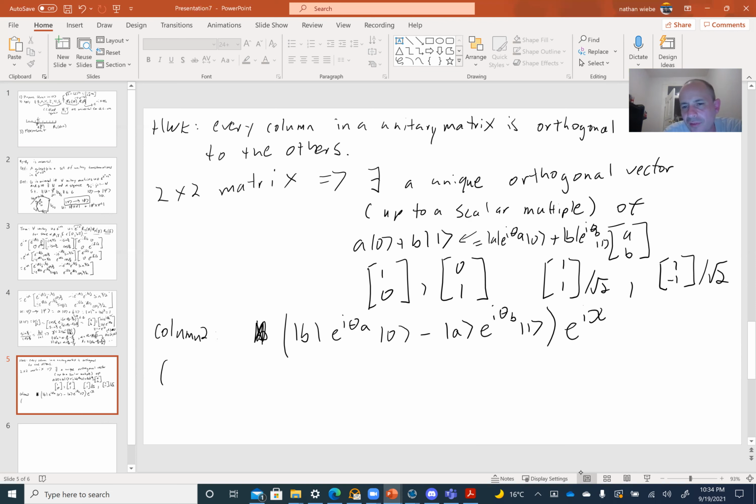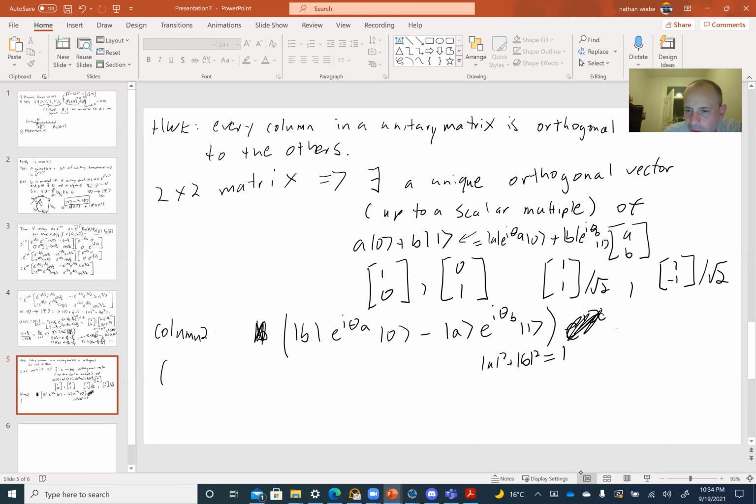Now, I said up to a scalar multiple. The reason why in general it can be written in this form is that we demand that this is a unit vector. This vector over here is by construction already a unit vector, because its length is the square root of absolute value of A squared plus B squared, which we've hypothesized is equal to 1. So that means we can't multiply it by something that isn't of unit length while keeping it a unit vector.